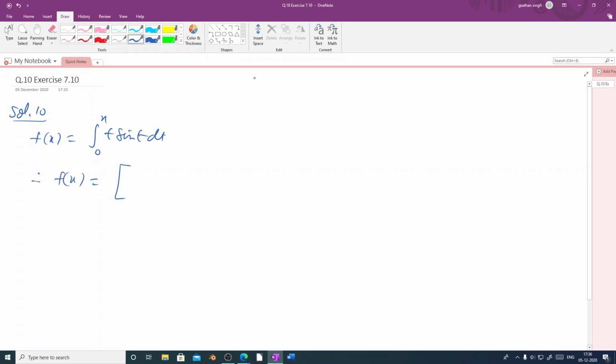here first of all let us write the rule of ILATE. So we can see that algebraic is coming first and trigonometric is coming later in this, so it's already in order. We can write this as I equal to t into integration of sin t dt minus integration of differentiation of t is 1 into integration of sin t dt, and here putting dt, and the limit is from 0 to x.